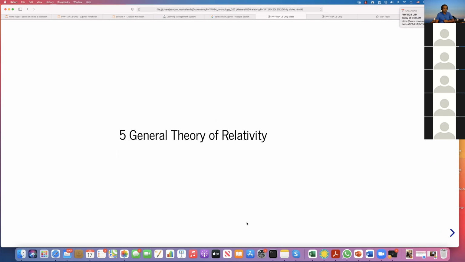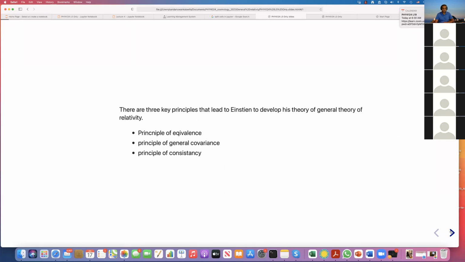So we started talking about the general theory of relativity, and remember that we have talked about three key principles that are important to prove the field equations, and also to understand the concepts behind the general theory of relativity. Those are the principle of equivalence, the principle of general covariance, and the third one is the principle of consistency.